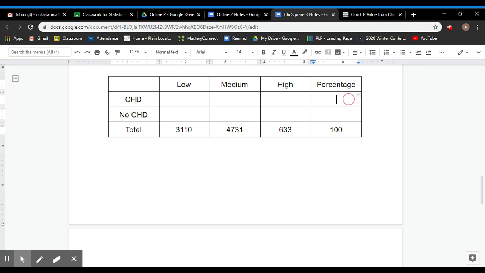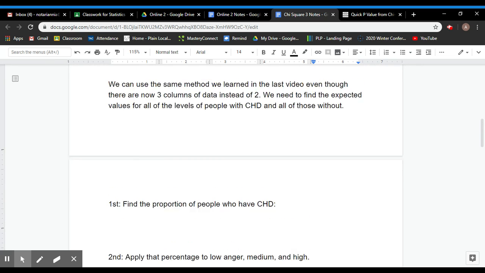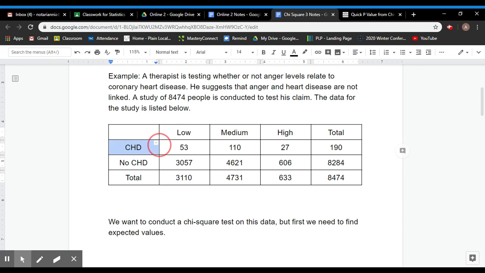All right, so percentage. Find the proportion of people who have CHD. So that's working with this column. What I'm going to do is take the 190 people who have CHD and divide it by the total number of people in the survey. So 190 divided by 8,474.